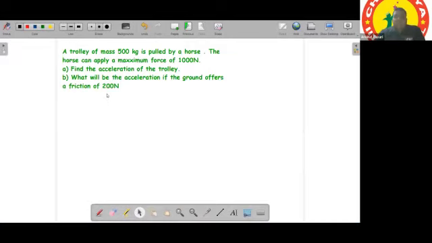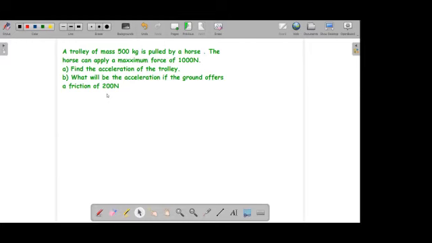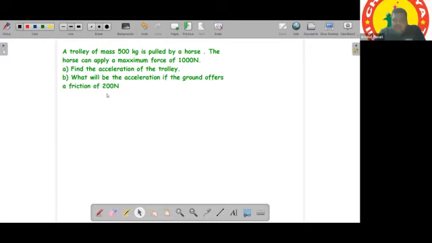What will be the acceleration if the ground offers a friction of 200 Newton? Sir, is it 8/5? Yes. Now the acceleration would be 8/5.